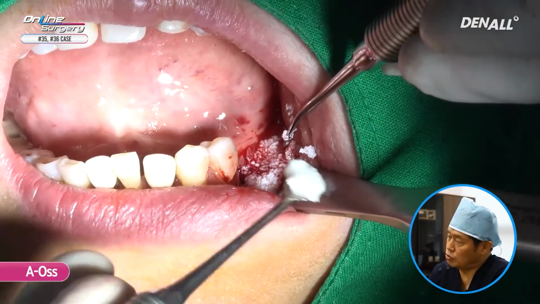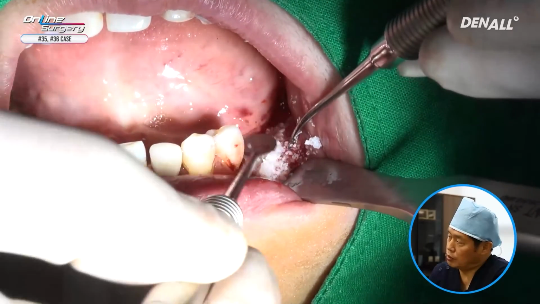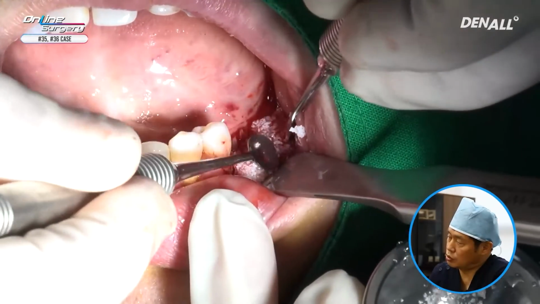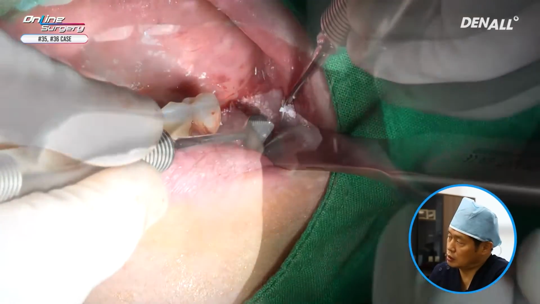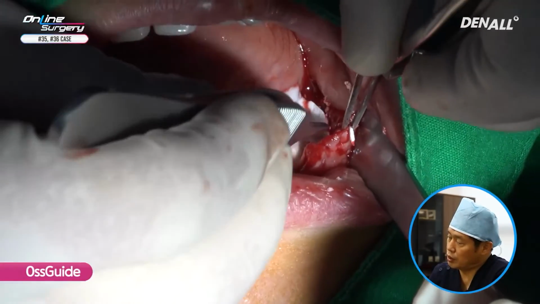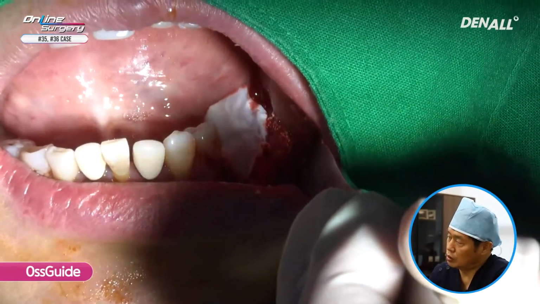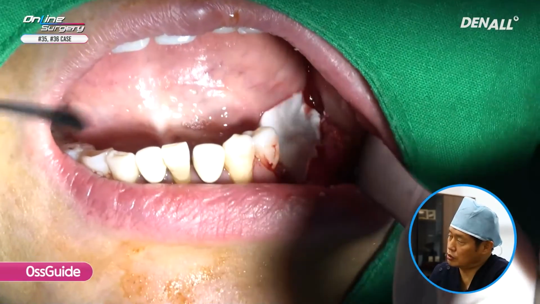On the bone defect in the back, bovine bone, AOS was used for bone graft. Collagen membrane was used to cover here.